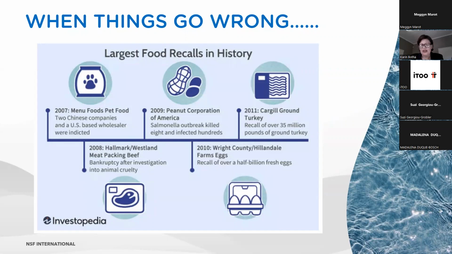In 2011, Cargill ground turkey had a recall of 35 million pounds of ground turkey. We think of a recall and we think it's quick, but 35 million pounds is actually quite a lot.